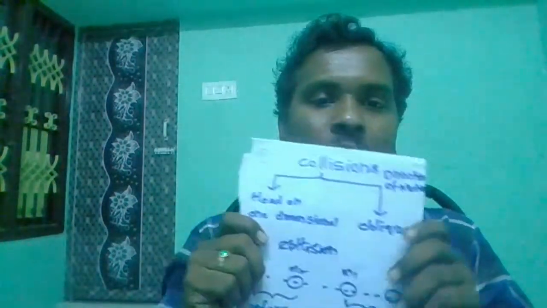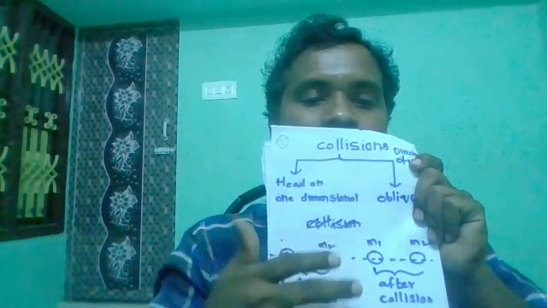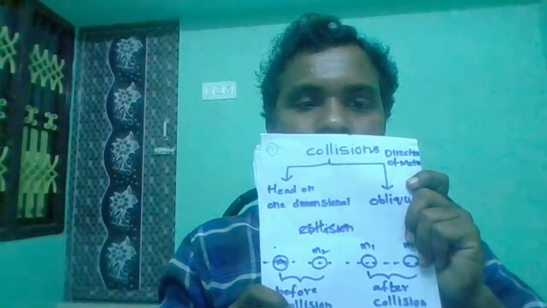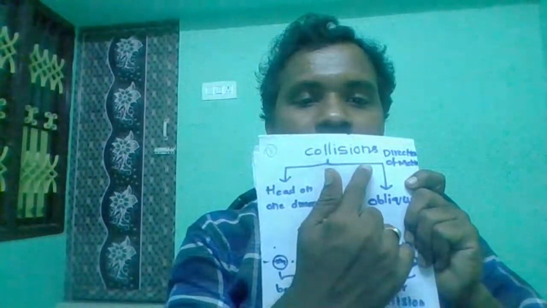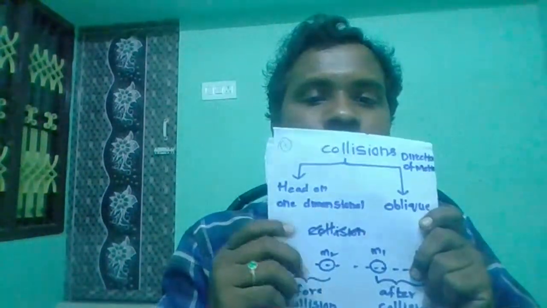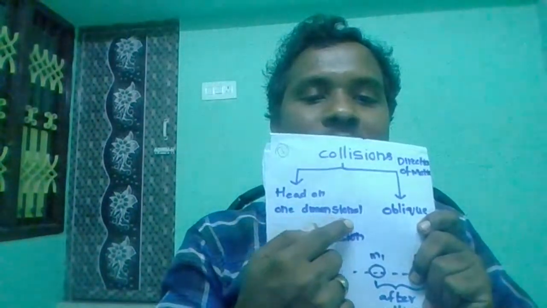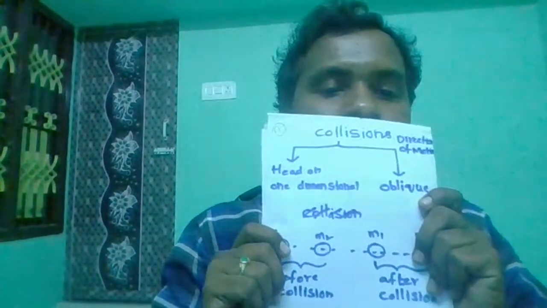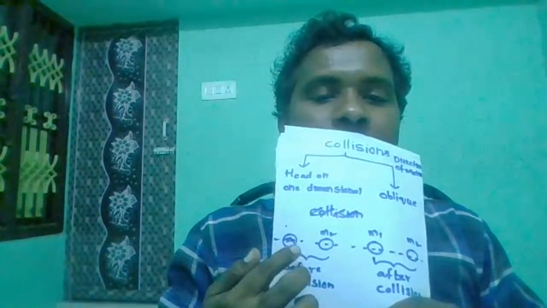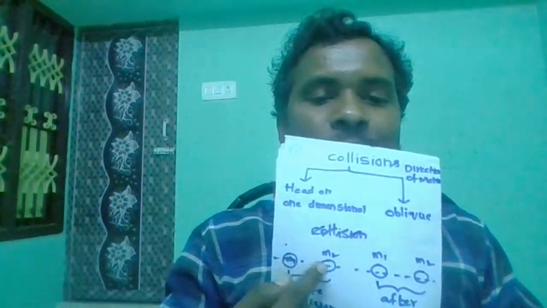Now you have to see this. So collisions are classified based on the direction. The first one is head-on collision or one-dimensional collision. In this collision, you should notice that these are the two objects.